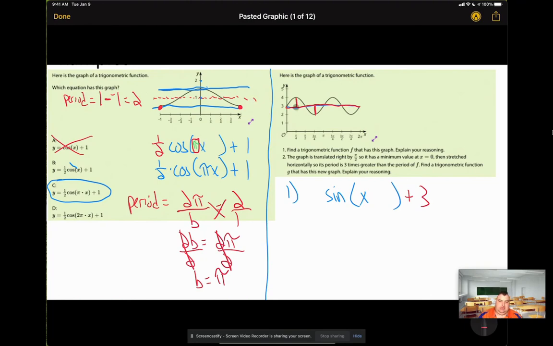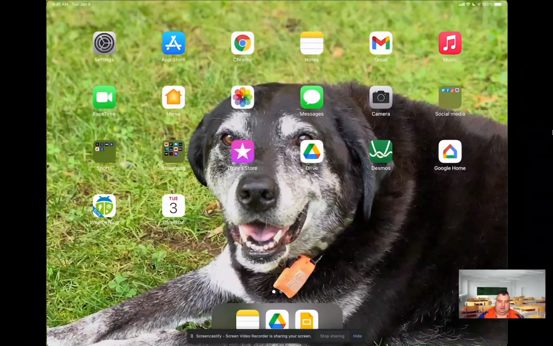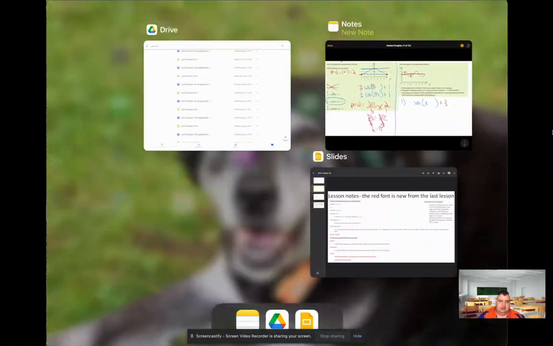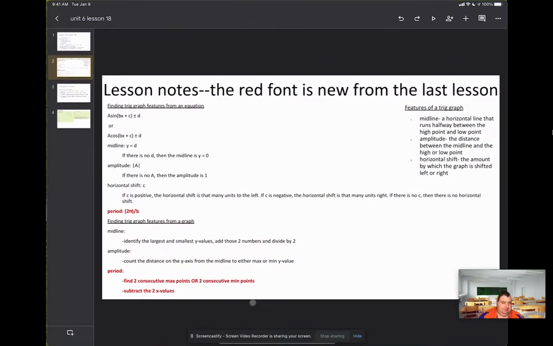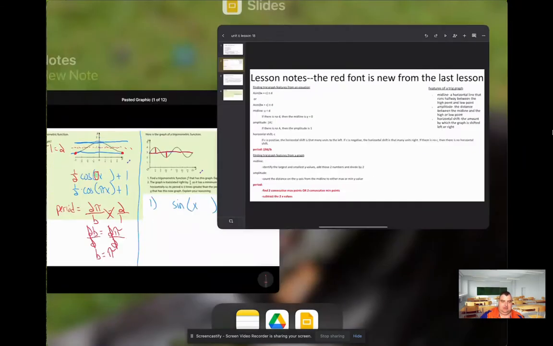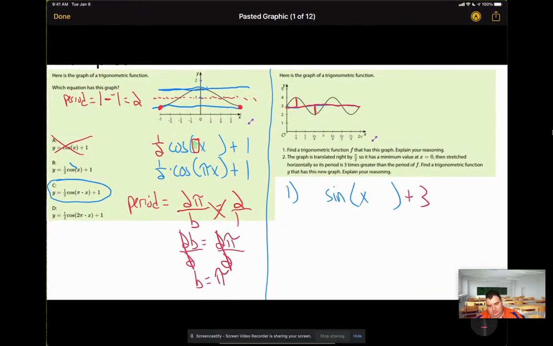So if I look here, the midline's at 3, the high point's at 4, so that's a distance of 1. Same thing here. The low point's at 2, the midline's at 3, so that is a distance of 1. So that tells me that my amplitude is 1, which means the number that goes in front of sine, in this case, is going to be 1.